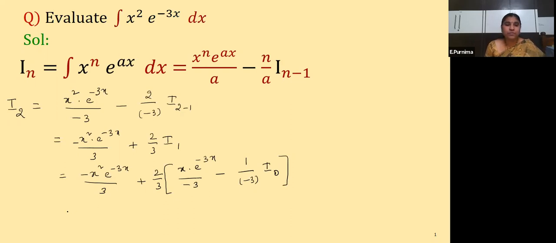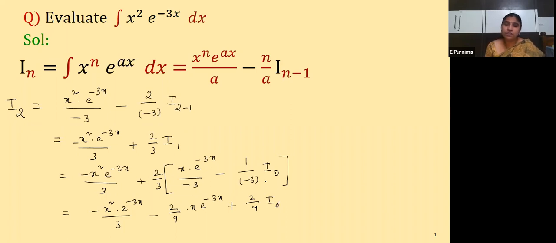So I2 is equal to minus x square into e to the power of minus 3x by 3, plus into minus is minus 2 by 9 into x into e to the power of minus 3x. Minus into minus is plus, and here also 2 by 9 into I naught we got.